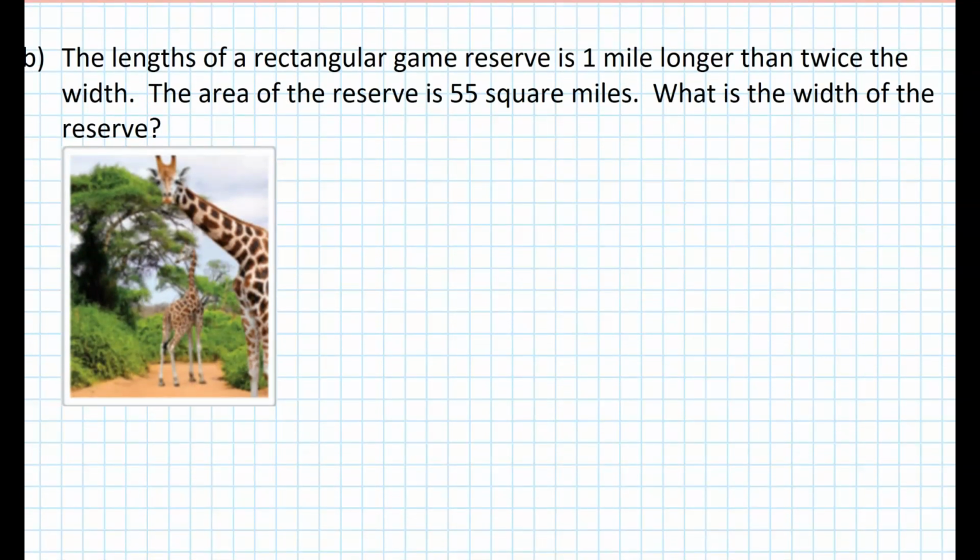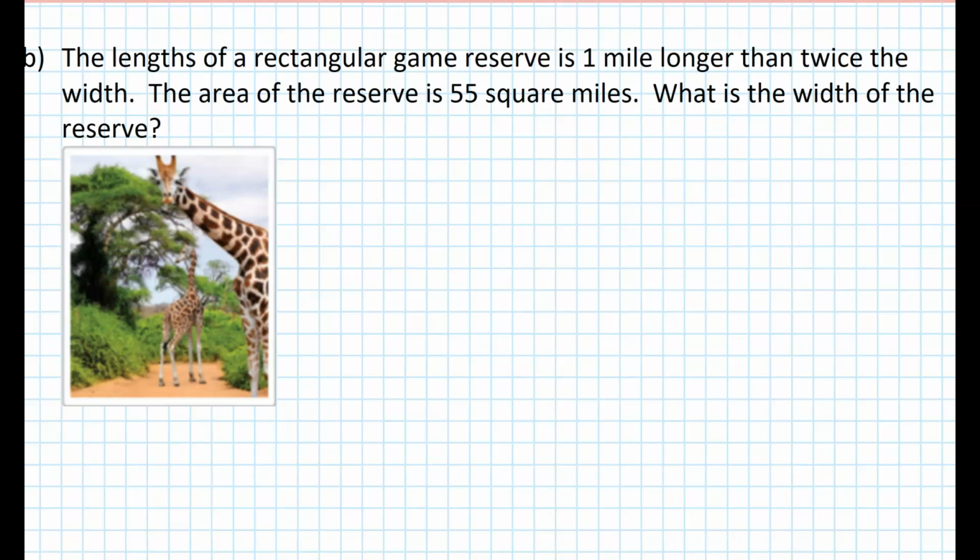All right. Here's our next one. The length of a rectangular game reserve is 1 mile longer than twice the width. The area of the reserve is 55 square miles. What is the width of the reserve? Okay.